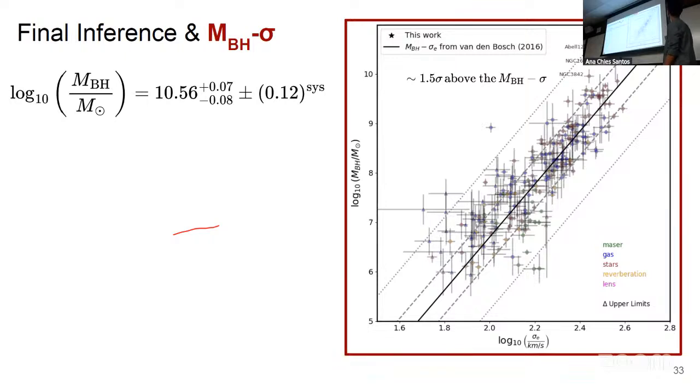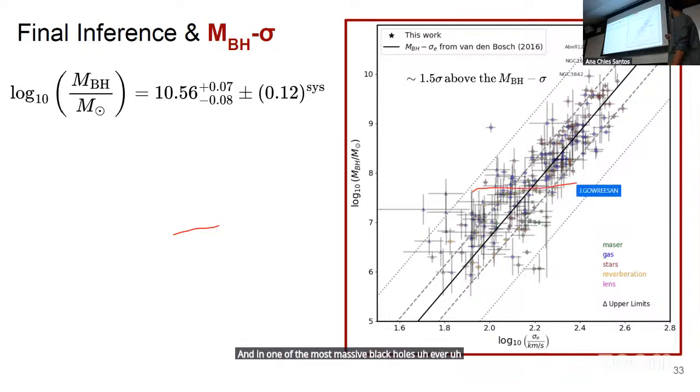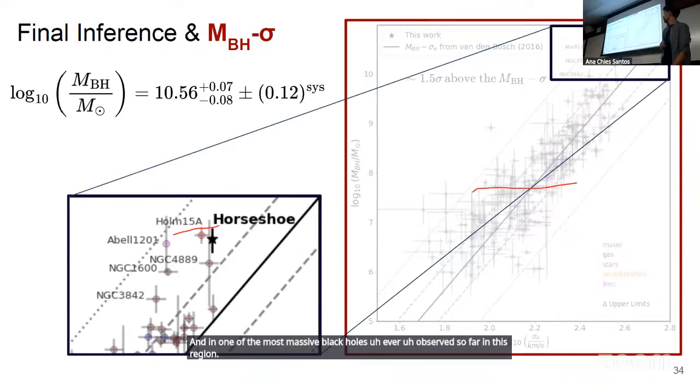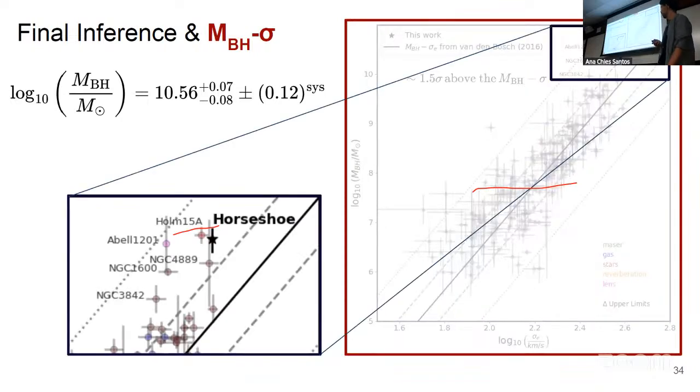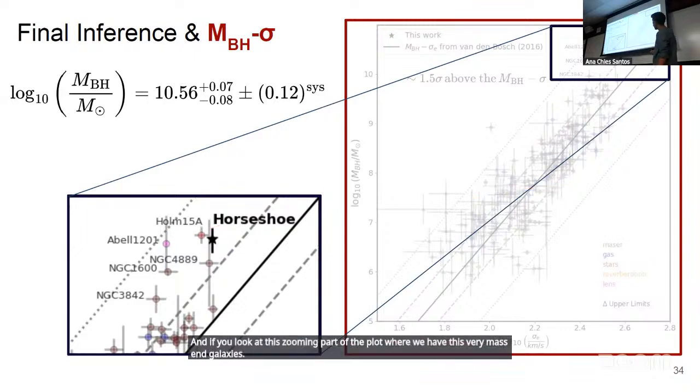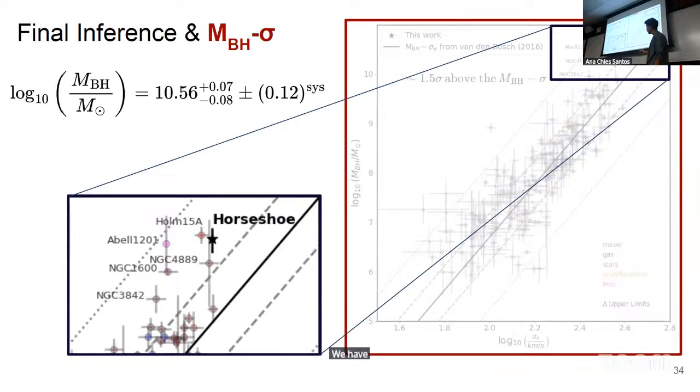One of the most massive black holes ever observed so far in this region. And if you look at this zoomed part of the plot, where we have these very massive end galaxies, we have just a few objects right here, around 6 or 7.